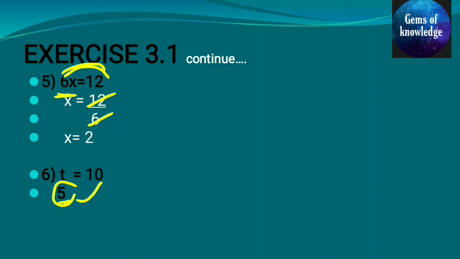In the previous case, in the fifth one, it was multiplication and it became divided by. So in the sixth question, it is divided by, so it will automatically become multiply. In the next step, we'll get t is equal to 5 into 10. What is 5 tens? That is nothing but 50. So t is equal to 50.